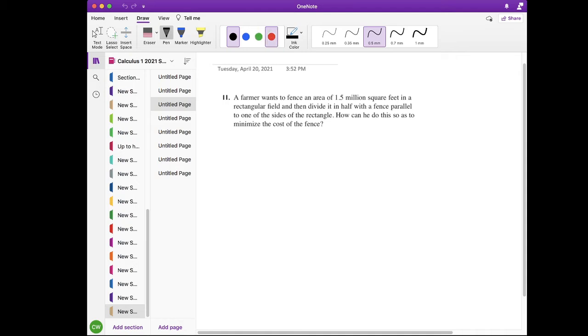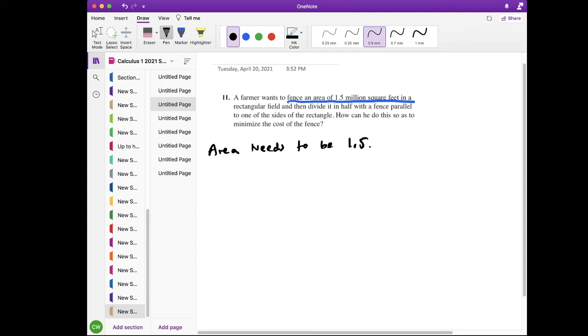Okay, so let's think about some key pieces of information. What's fixed is that the area needs to be 1.5. I'm going to forget about million; the units are in million.